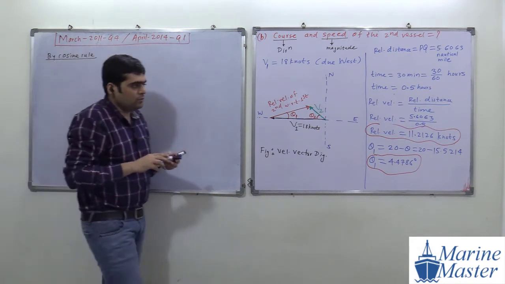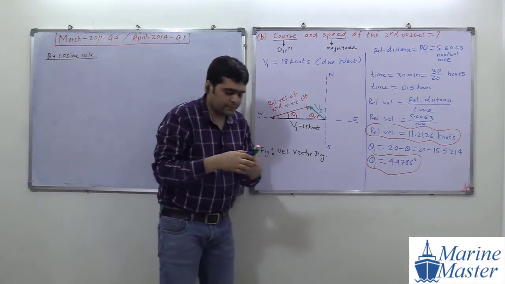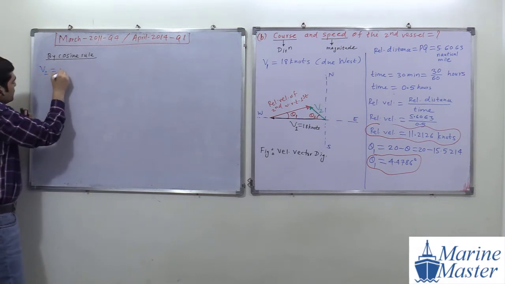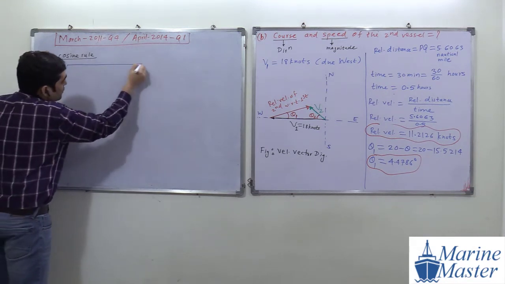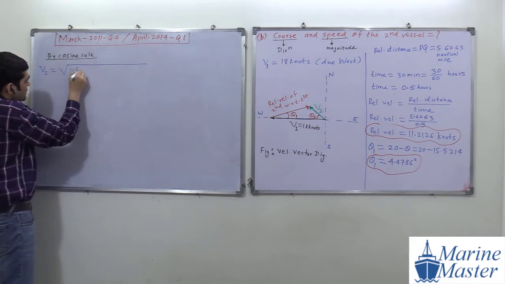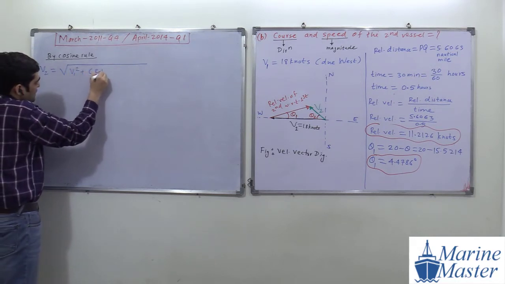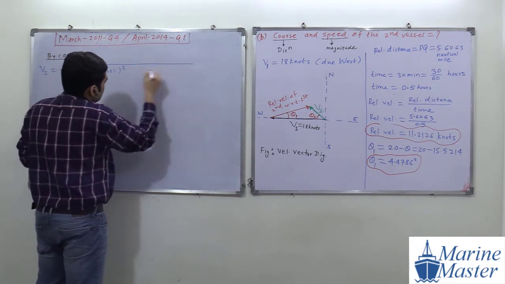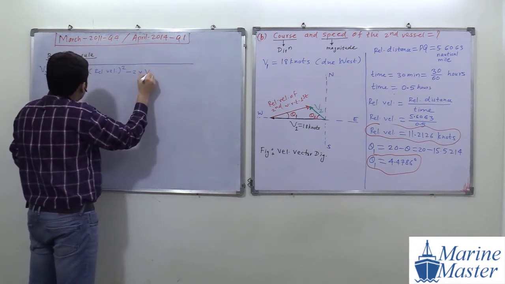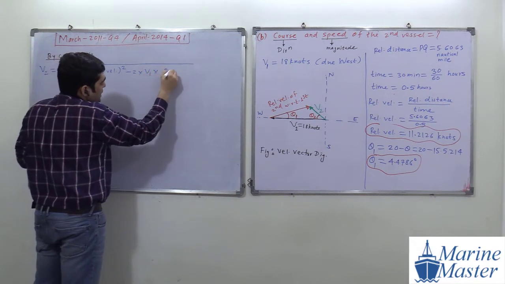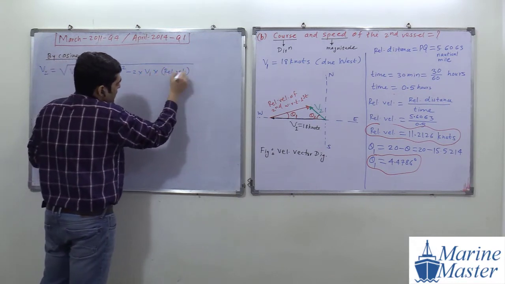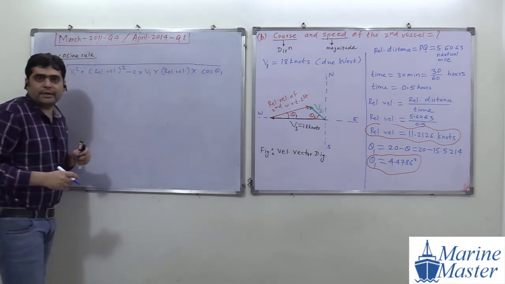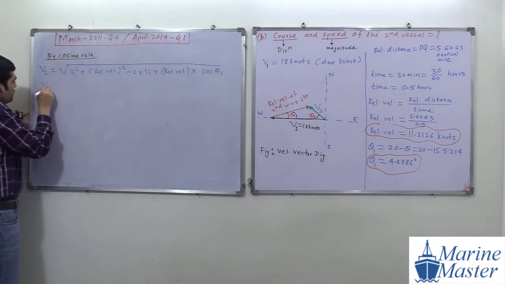By cosine rule, V2 will be equal to the square root of V1 squared plus relative velocity squared, minus 2 times V1 into relative velocity into cos of θ1. Everyone getting my point? So what will be the value of V2?